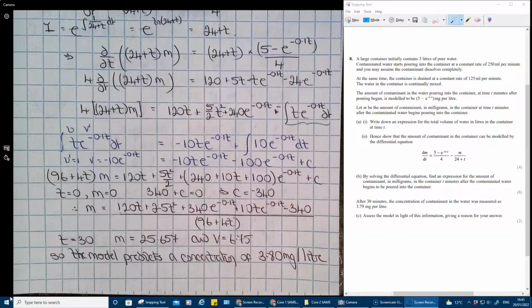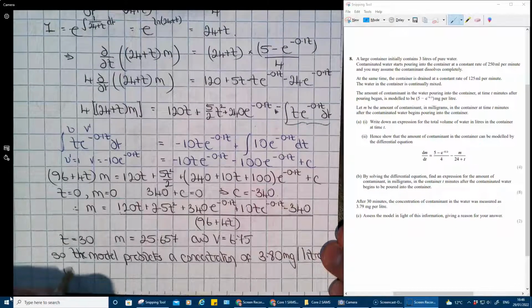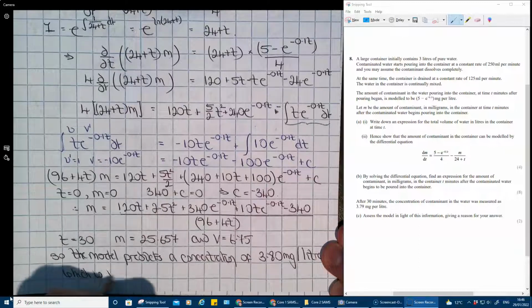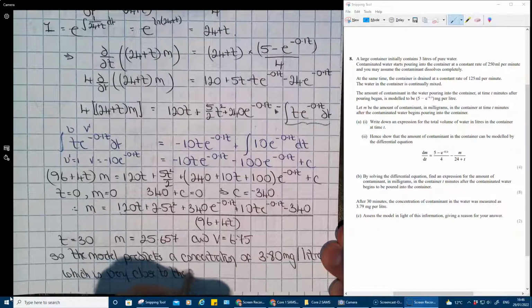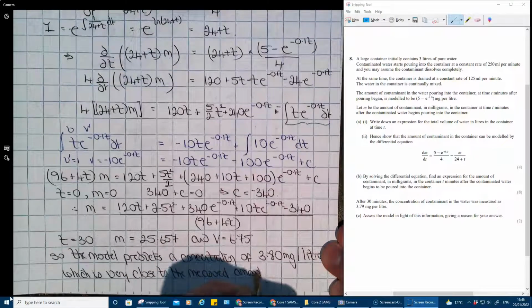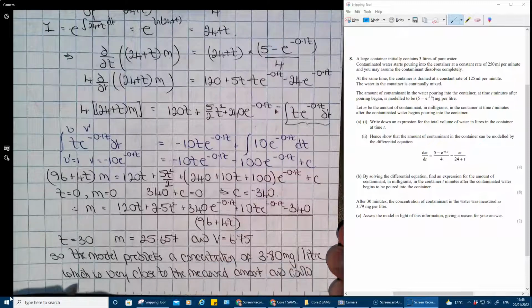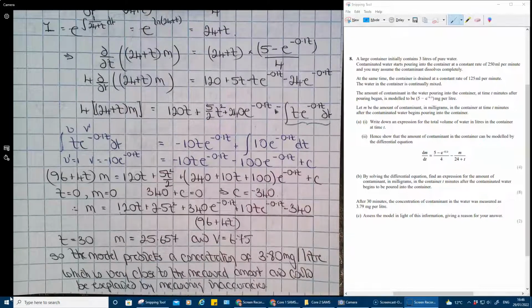That divided by that, which I would say is very close to the measured amount, and could be explained by measuring inaccuracies. Whichever way you put it, the model seems to be very close to what is actually measured.